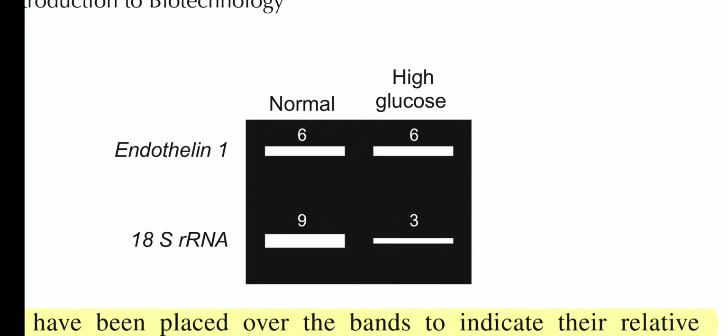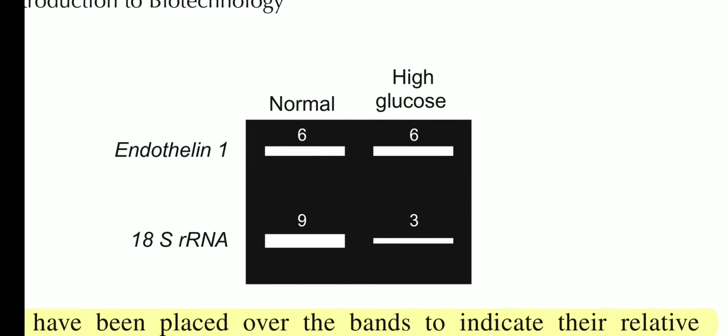So 18S rRNA must be expressed equally in both the cells. If we have made any error during pipetting, that's why it comes as 9 and 3. If there is no error during pipetting, then there will be only 3 to 3 or 9 to 9 in both the cells.